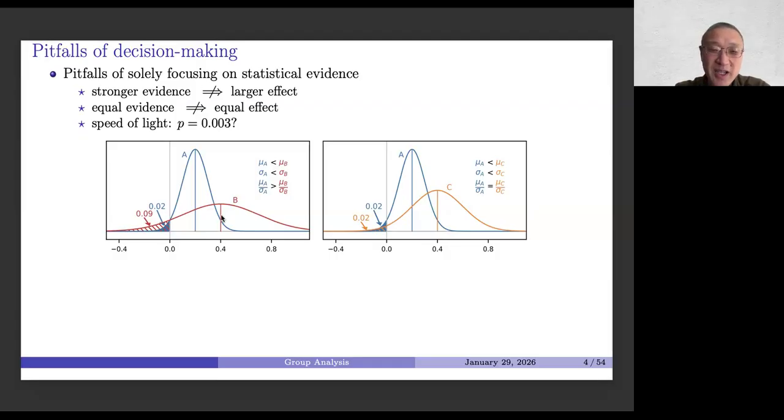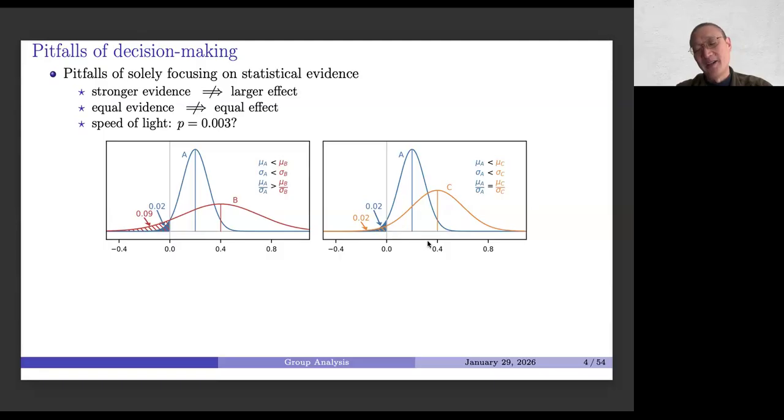So this indicates that if we focus on the p-value and ignore the magnitude, we lose a lot of information and would create a problem, right? That problem is that even though the red one is bigger, it would be filtered out. We would not even be able to see that, right?